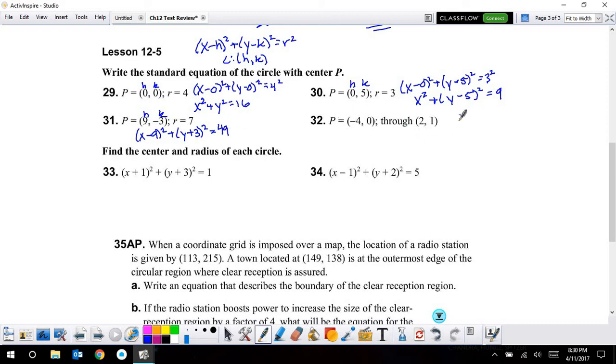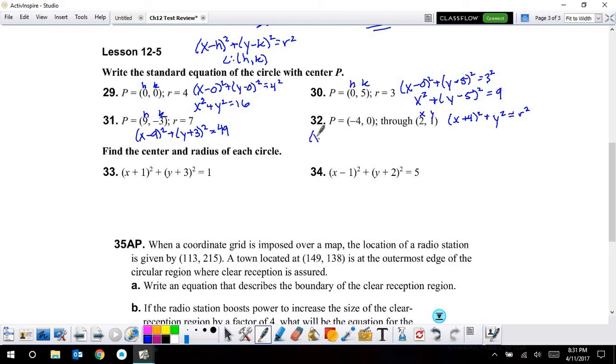Now for 32, remember it took a little bit more work when we did this in class. So we've got x plus 4 squared plus y minus 0 squared, which is just y squared, equals, now we don't know the radius, so we got to leave it as r squared. Okay, so now I can plug in x and y to find what r squared is.